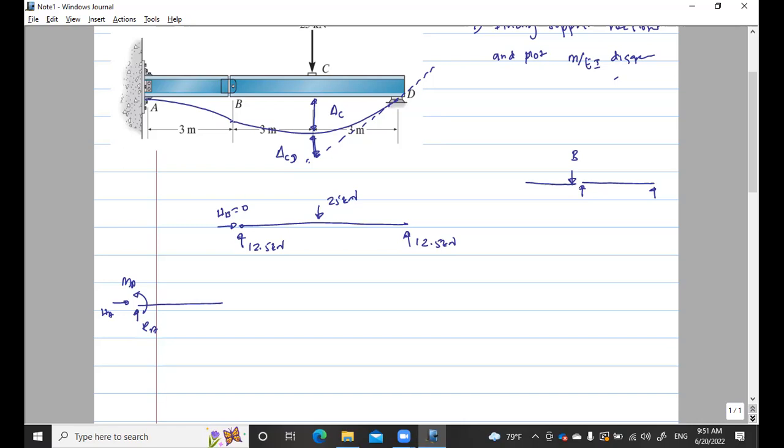That load is 12.5. So RA is 12.5, there is no other load, HA is equal to 0, and MA is 12.5 into 3, that is 37.5 kilonewton meter. So these are the reactions.